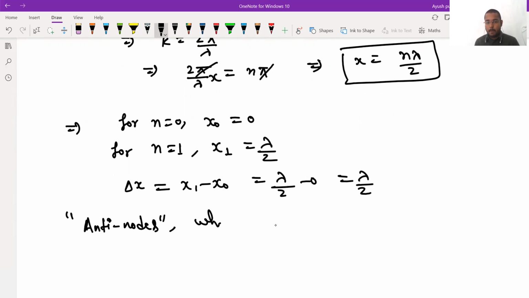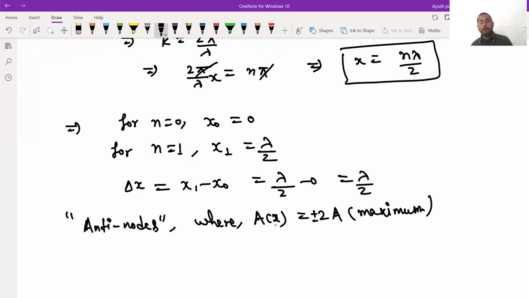Where A(x) is equal to 2A, meaning maximum, of course plus or minus. So the points where the amplitude is maximum are called antinode points, and the distance between two consecutive antinodes is again lambda by 2.